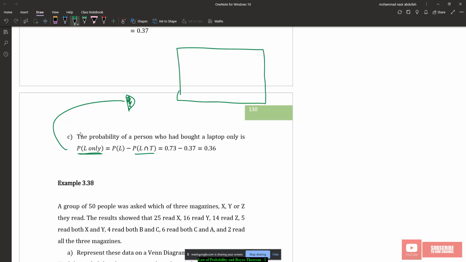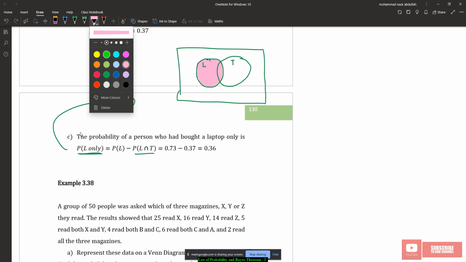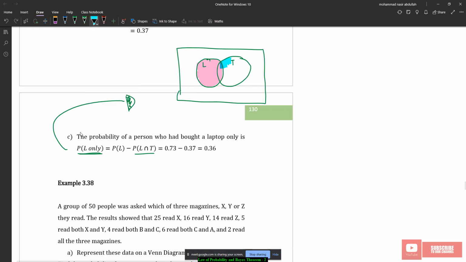So let's say this is a sample space and we have two events, where this is the event of buying a laptop, this is the event of buying a tablet, right? So now here, the whole thing here dalam bulatan ni, this is the probability of buying a laptop, and the whole thing here is the probability of buying tablet, right?